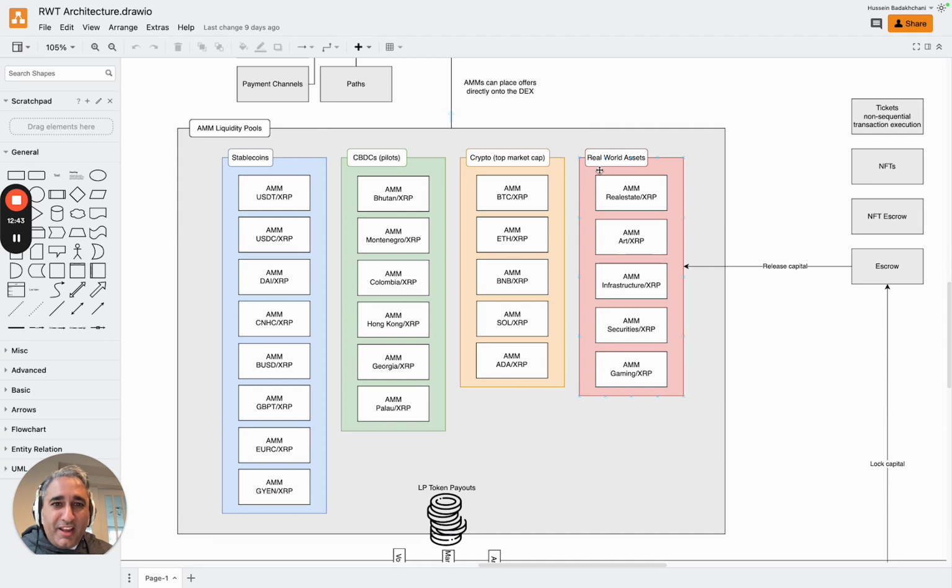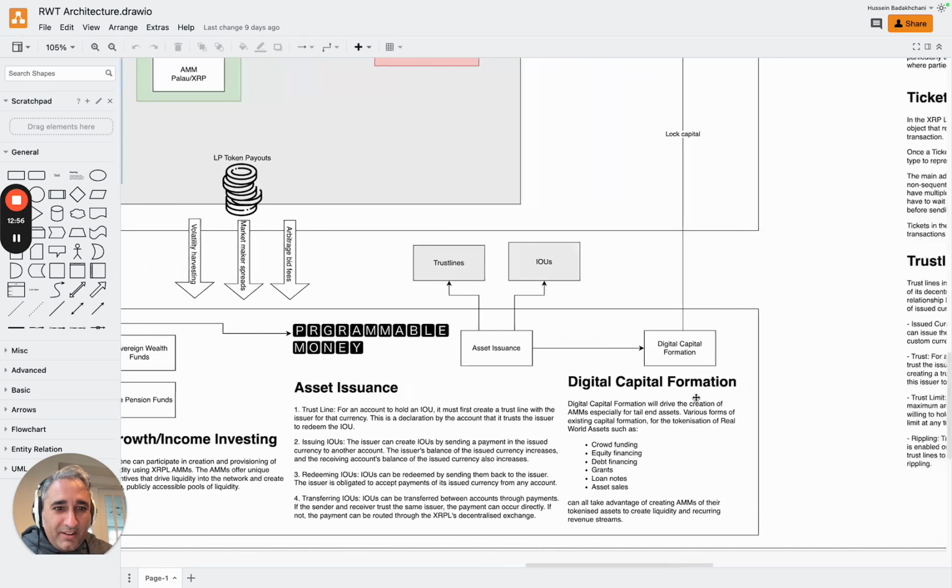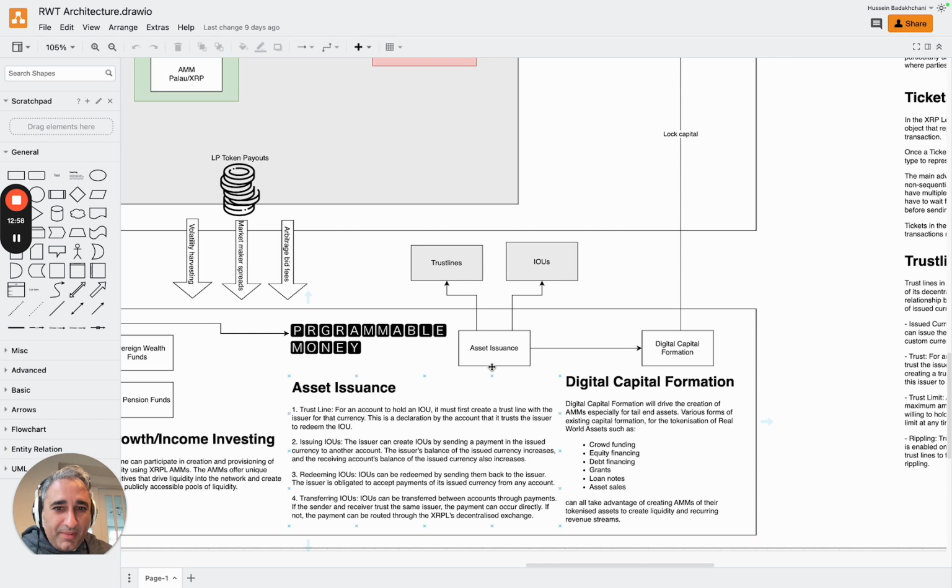And this is another area which is bloody exciting and I think doesn't get enough attention: real world asset pairs. So if you've tokenized assets from, well, where would it come from? Let's say, I call this section digital capital formation. It's a combination of asset issuance and capital formation.